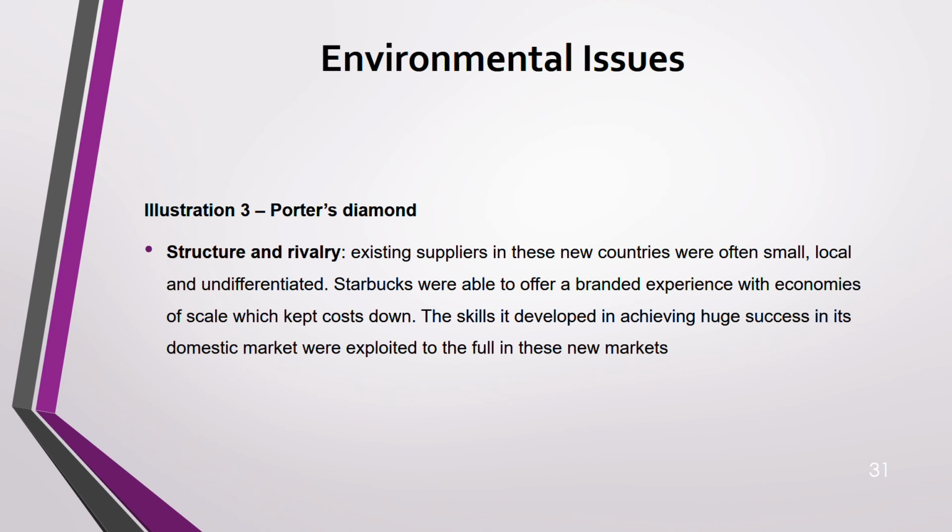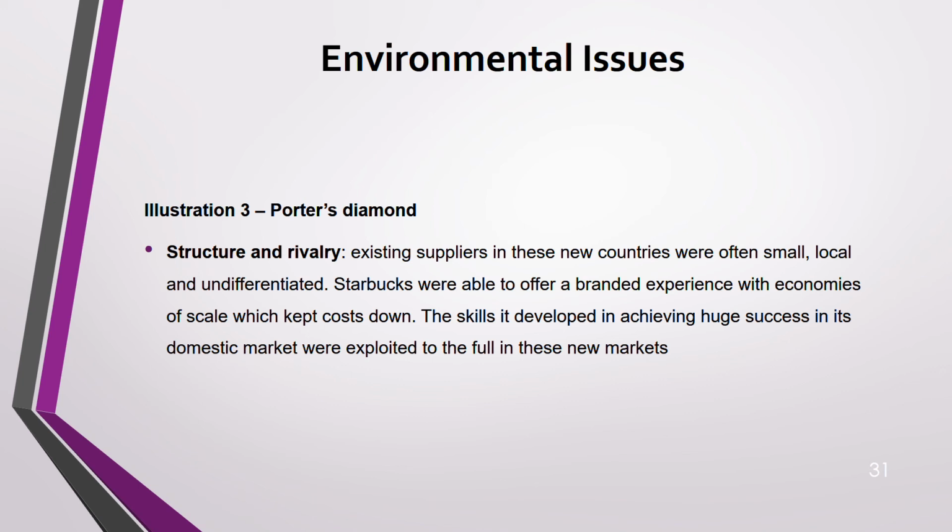Now, coming to the third, structure and rivalry. What is the structure and rivalry? Existing suppliers in these new countries were often very small. Suppliers in these new countries like Canada and Japan were very small, undifferentiated, local. So when Starbucks came, they were able to offer a branded experience with economies of scale which kept the cost down.